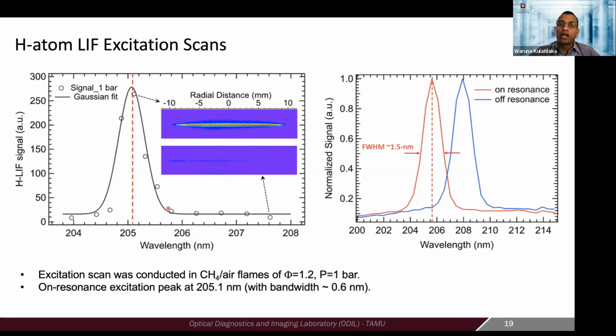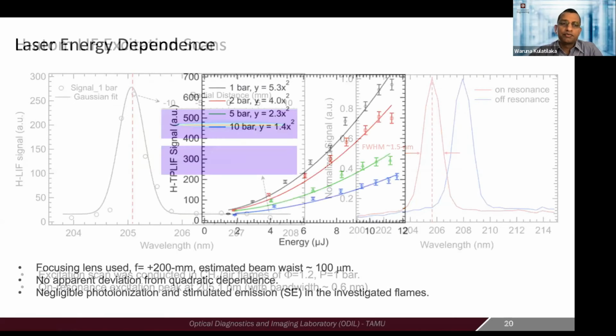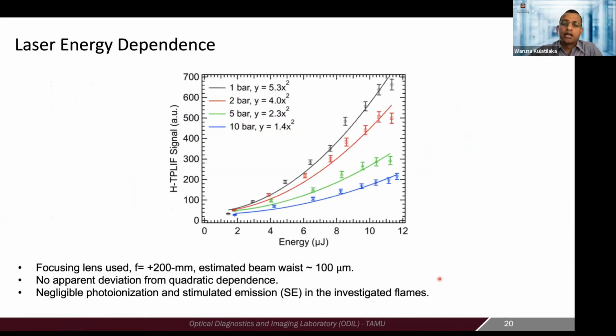Just to verify that we are looking at the right thing, you can scan this wavelength and look at the excitation transition, and you also need to verify that you get the expected quadratic dependence of the signal. This is two-photon excitation, so the signal scales as the square of your laser pulse energy. So you verify the quadratic dependence.